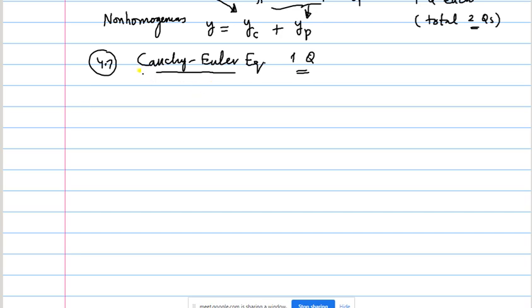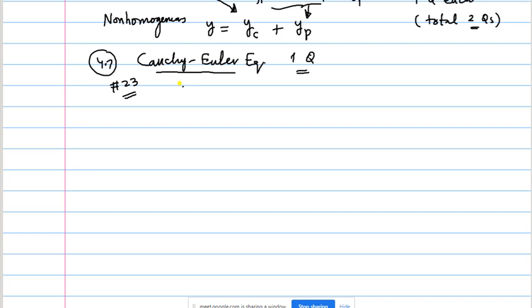So basically here, question 23 is from the Cauchy-Euler equation. Here are the exercises of 4.7.